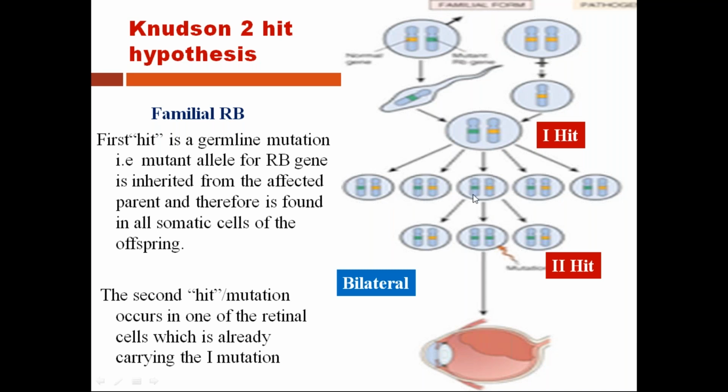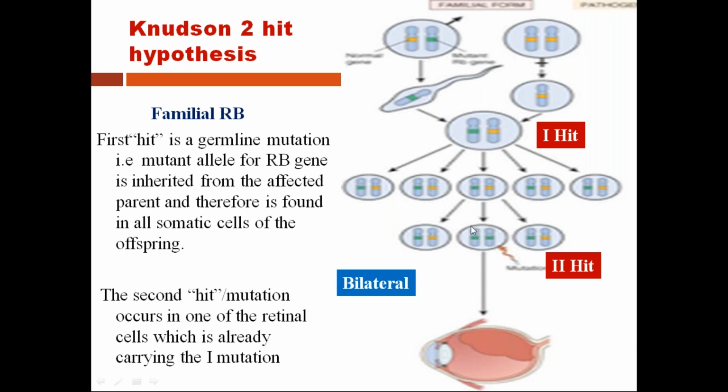Now when one of the somatic cells gets differentiated into the retinal cell, in that retinal cell the other allele undergoes mutation. So this is the second hit. Here you can see that when both the alleles undergo mutation, the first hit occurs in the germ cell and the second hit occurs when the somatic cell has differentiated into the retinal cell. This cell undergoes malignant transformation.